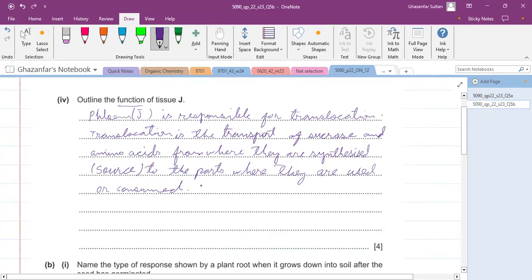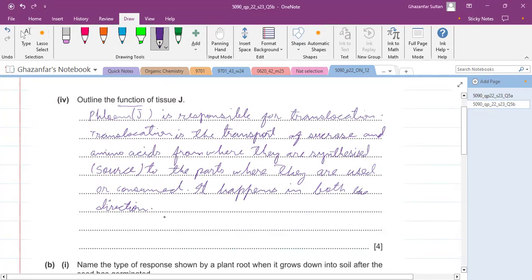And another important thing is that this transport occurs in both directions. Okay.